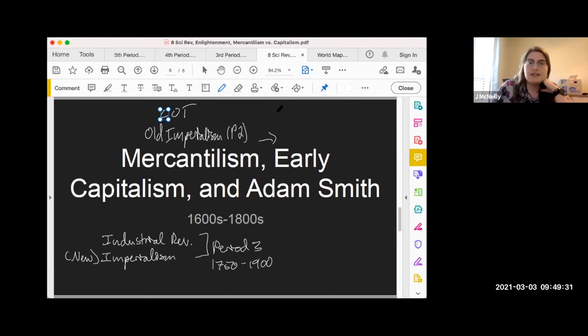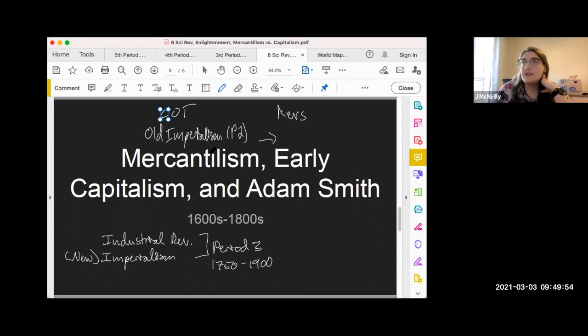Y'all remember that we talked a lot about revolutions, okay? The Enlightenment is going to spur revolutions in the New World. The ideals of life, liberty, and property are going to lead to the colonies no longer wanting to serve the mother country's purposes. And so they revolt and form their own independent nations.